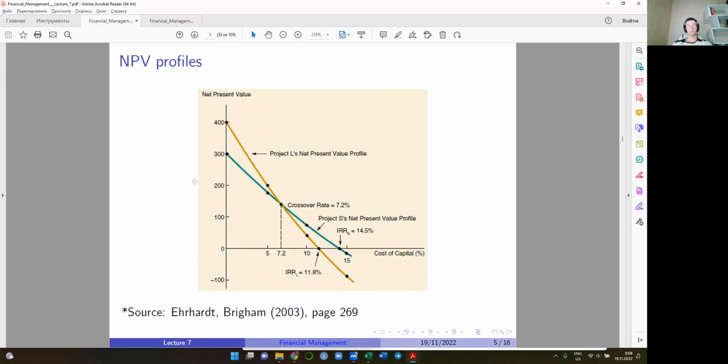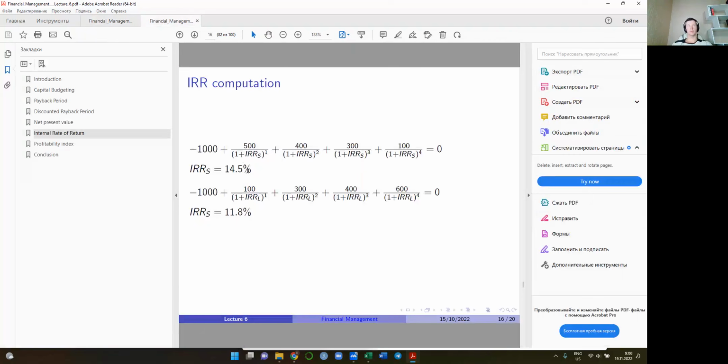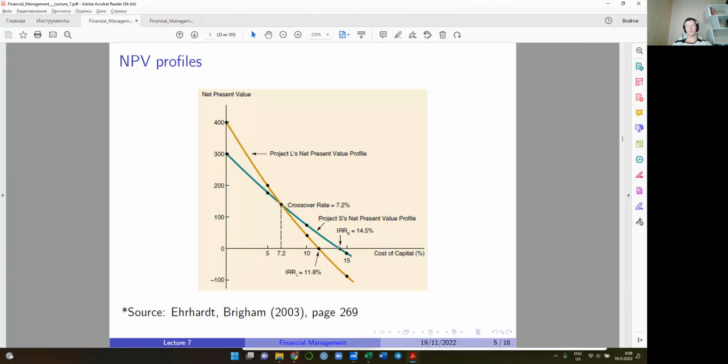Internal rate of return is 14.5. Again, no trick here. We computed internal rate of return of this project. And this is the point where NPV profile crosses the horizontal axis.